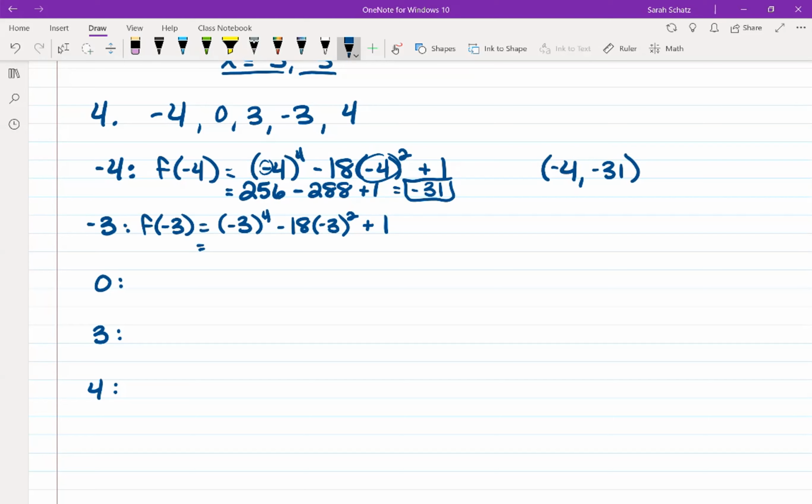So we're going to have positive 81 minus, this is going to be 18 times 9, which is 162. And then we'll have +1. And that's going to leave you with -80. So what does that mean? It means that on my function, I have a point at -3, -80.